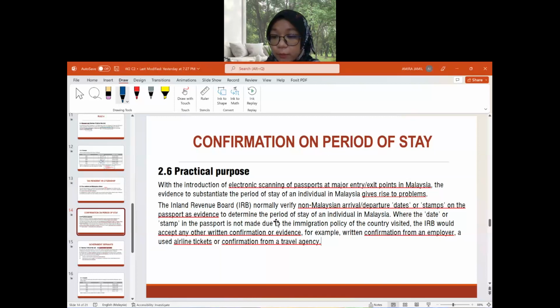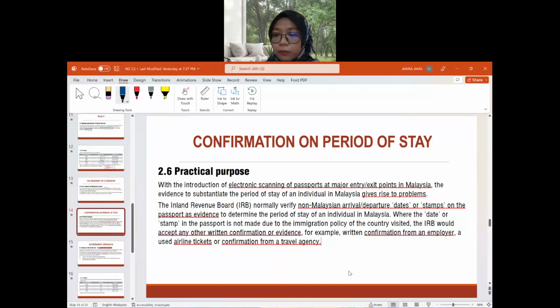So it gives a problem to IRB or LHDN to detect which day the individual came into Malaysia and which day he left. Because of this, they accept any written confirmation or evidence.